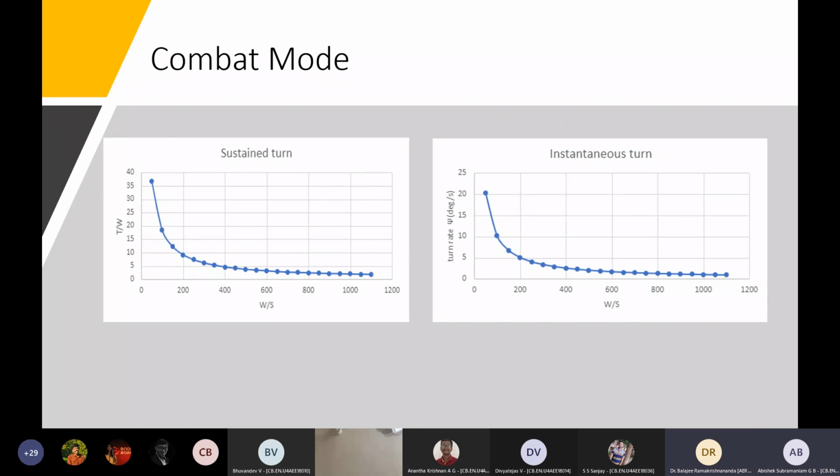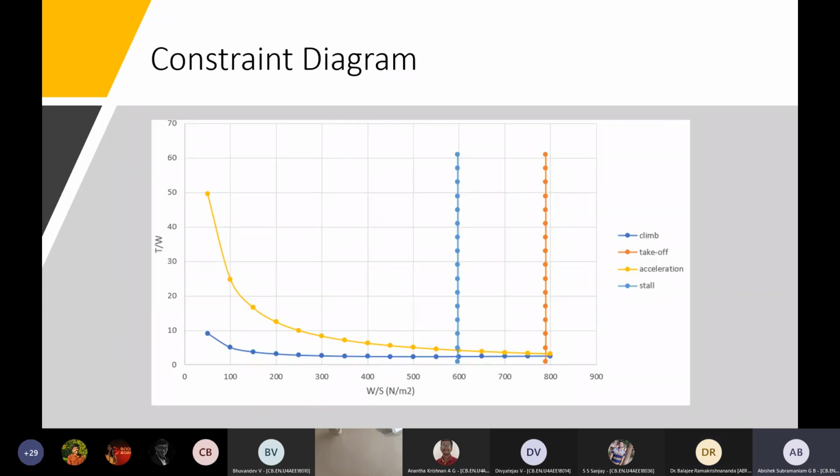For every turn, sustained turn, just assume n is equal to 5 and draw the graph. That's good enough. Okay. Yeah, that's what I told earlier. This is the constraint graph. Since we thought we should add that, we didn't include combat. So without combat, this is the graph for climb, takeoff, and acceleration.